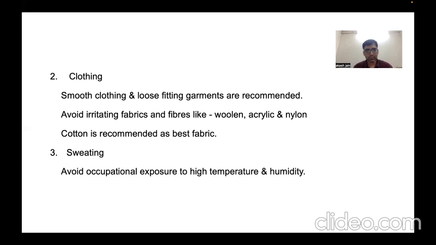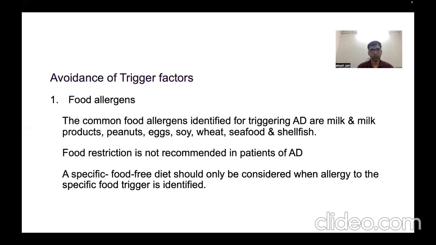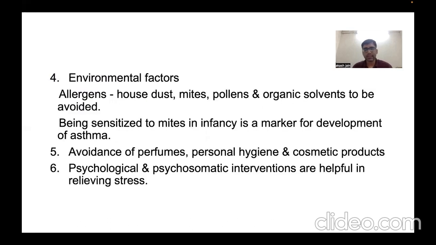Avoid occupational exposure to high temperature and humidity. Next is the environmental factors like allergens, house dust, mites, pollens, and organic solvent should be avoided as much as possible. Being sensitized to mites in infancy is a marker for developmental asthma.